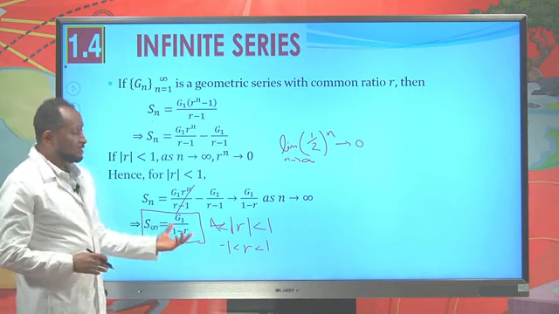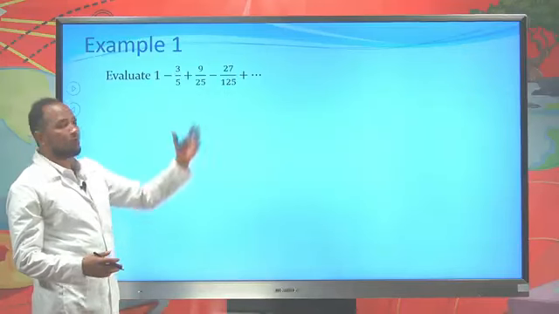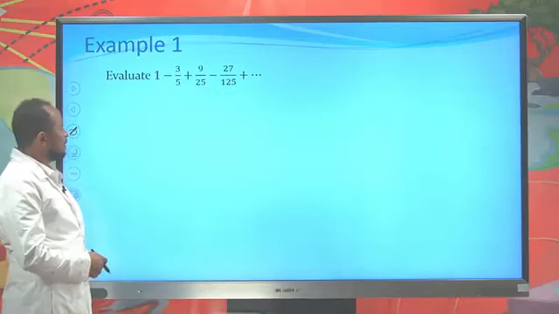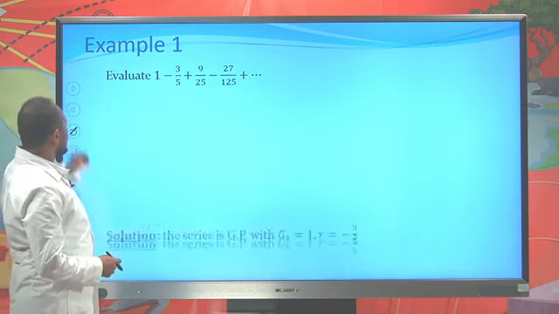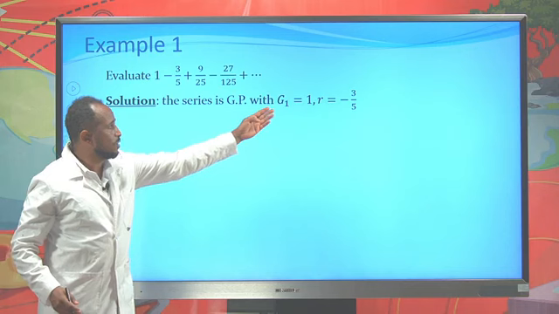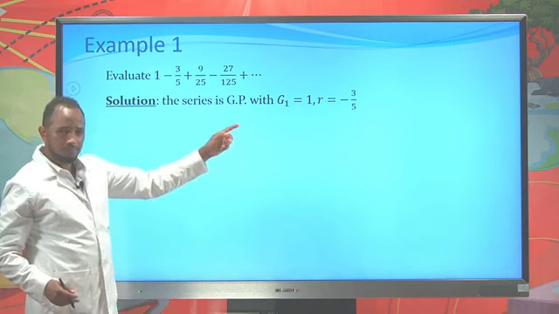So now let's see an example for this part. Evaluate this: 1 minus 3 over 5 plus 9 over 25 minus 27 over 125 plus, and it goes on. You are asked to find the infinite sum of this series. To find that, we first need g1, the first term, which is 1.